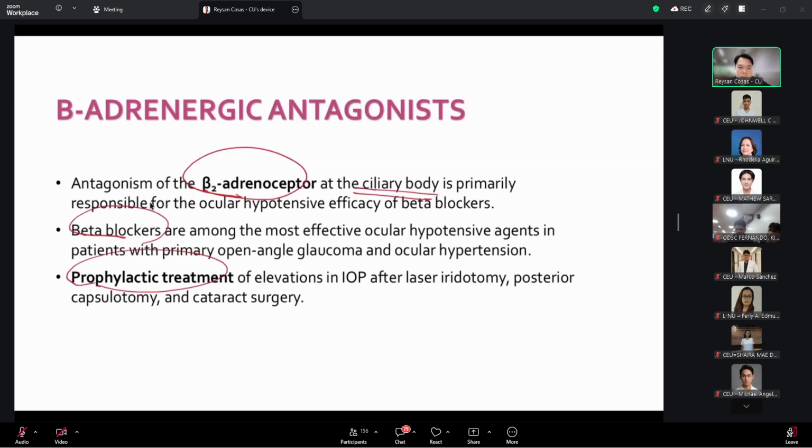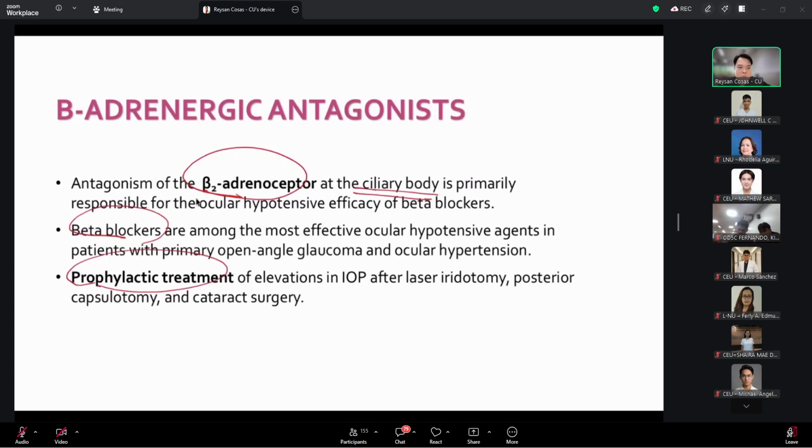Based on the clinical studies, there is no notable increase in systemic beta blocker related side effects if you are taking per-oral beta blockers and then topical timolol. So, yun po yung based sa result ng clinical study. So, only the added benefits.